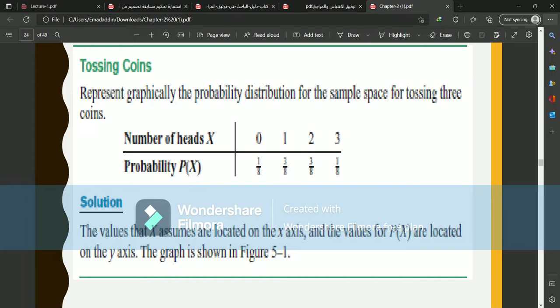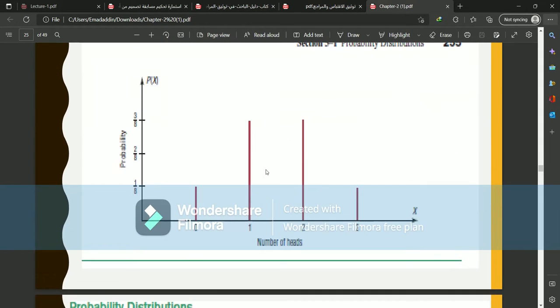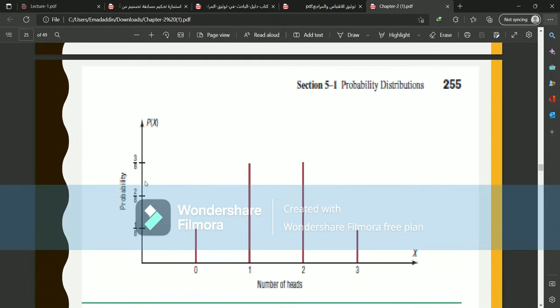The solution: the values that x assumes are located on the x-axis, and the values of P(x) are located on the y-axis. The graph is shown in figure 5-1. This is the graph, with the probability and the number of heads.